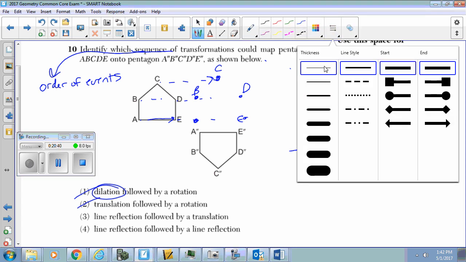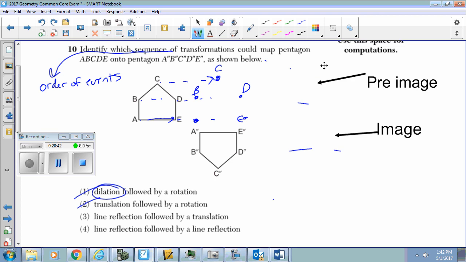All right, and if you did that, so I'm back, if you did that, you'd end up with this. And then if you reflected it across this line, all right, the B would come and land on B prime, C would land, E, everything would land correctly, so that is our answer. That is our answer.